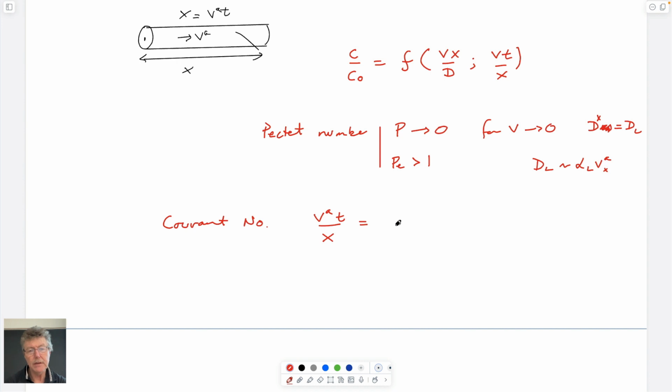Since advective velocity is equal to Darcy velocity over porosity, this is equal to Darcy velocity times time over x times porosity. In the stuff we'll use, we'll call this T sub r, and this is a pore volume.